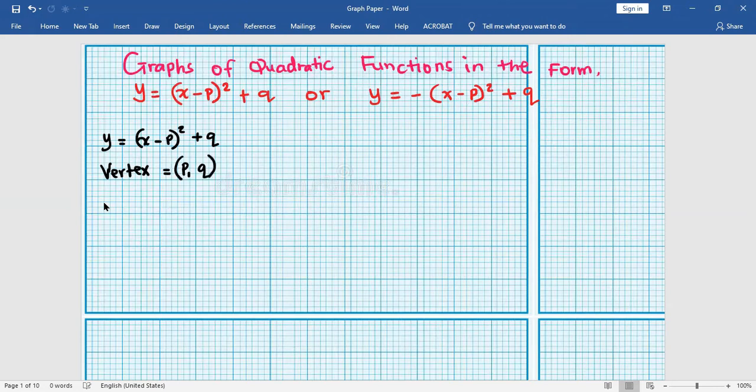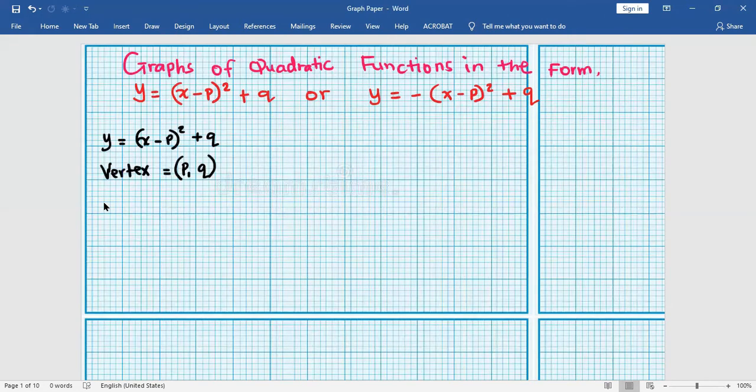This is always the vertex. So this one, we call it the vertex form actually, because the whole function shows what is the vertex already. You don't have to calculate to find the vertex, already it is shown.